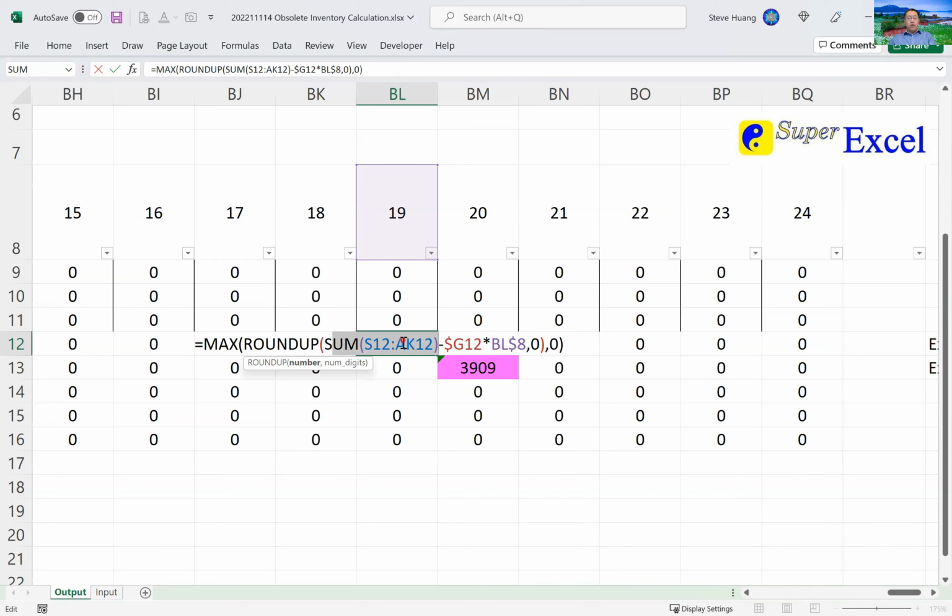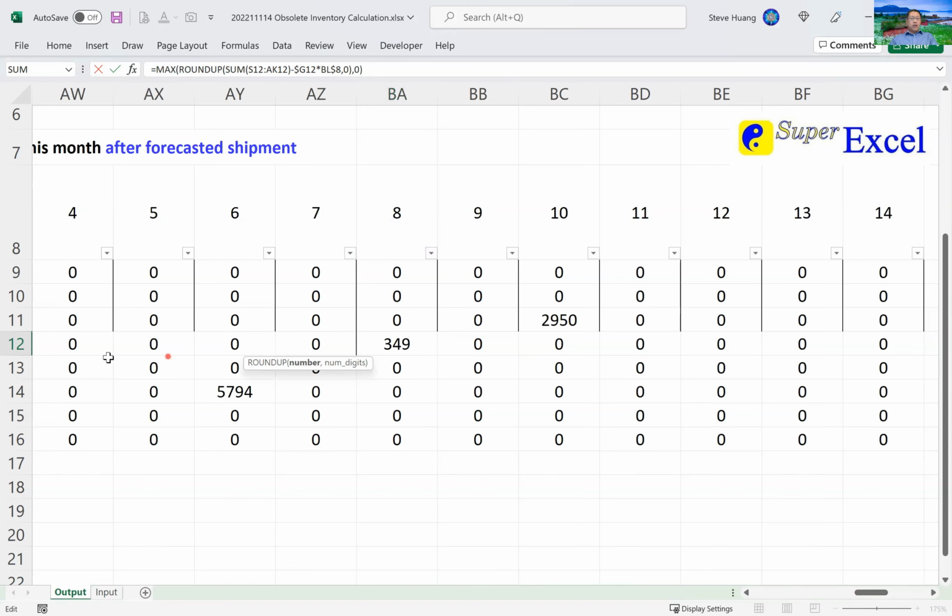So we have to take all the available inventory, subtract how many units are short dated, and then compare that to how many will be shipped. Now, fortunately, we do know how many are being short dated, because our formula in the previous week over here shows us how many units will be short dated. Like this month 8, we have already calculated. We have 349 units that will be short dated. So that means out of all the inventory, 349 is not being used to fulfill the shipment.